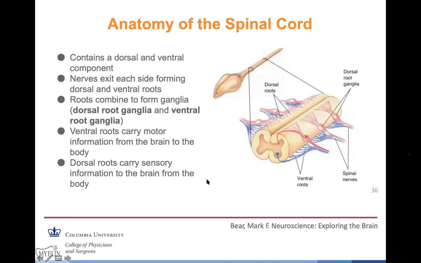Like I mentioned earlier, the spinal cord also has gray and white matter, and the gray matter is responsible for housing the cells that are involved in our strength, in our movement, and our motor strength.